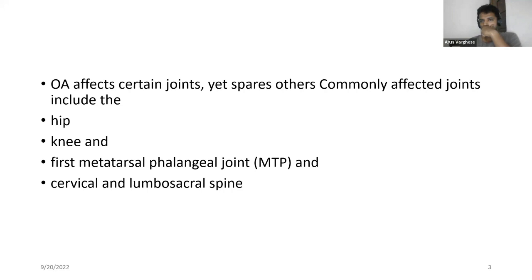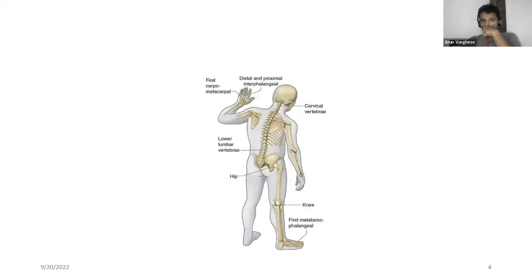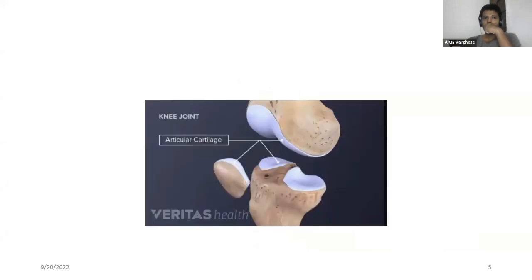There are multiple factors which can cause or precipitate our joint affections, like we had discussed earlier. Other than fingers, all the other joints are weight bearing. First carpometacarpal, distal and proximal interphalangeal joints are the finger joints. You might have come across many of these conditions, and we'll see them later.